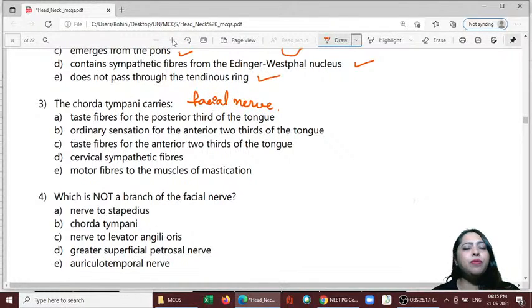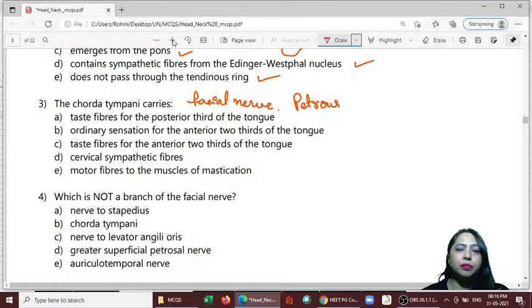So facial nerve gives various branches, but chorda tympani is a branch from the facial nerve, and that is at its second bend, where it bends inside the petrous part of the temporal bone. So this is where it is. Okay. So now you have this chorda tympani carries what kind of fibers they're asking.